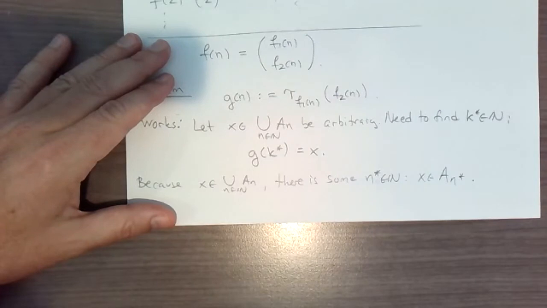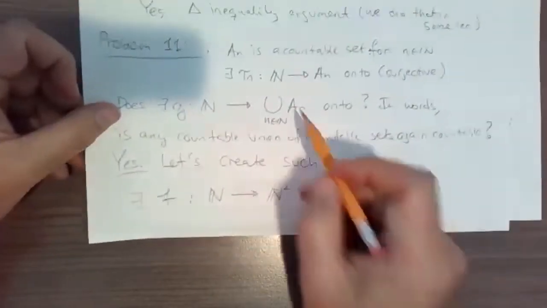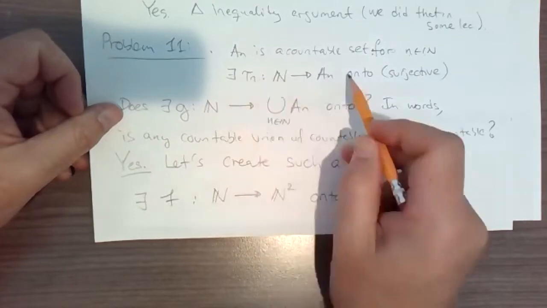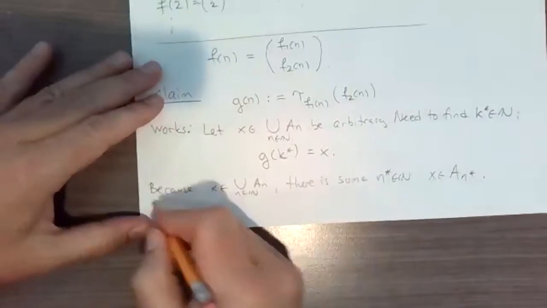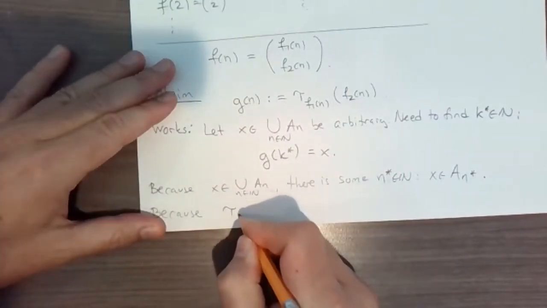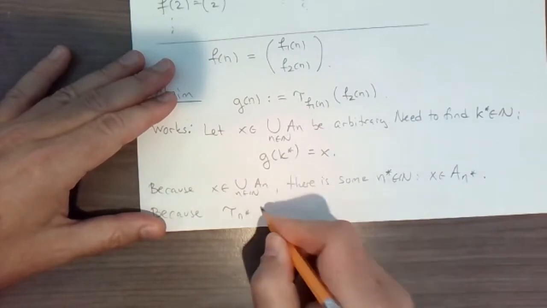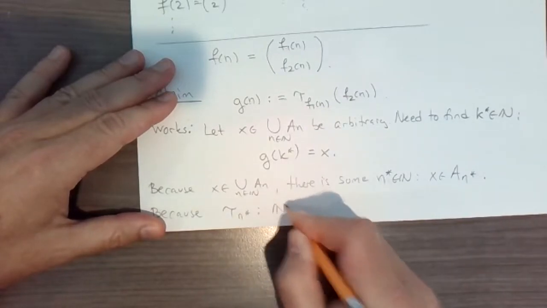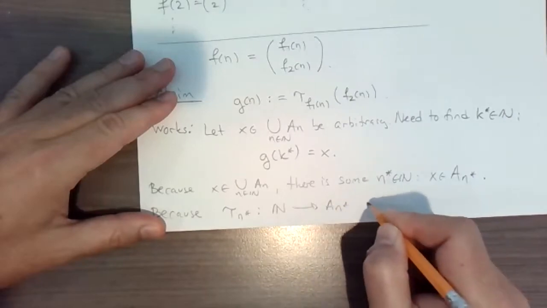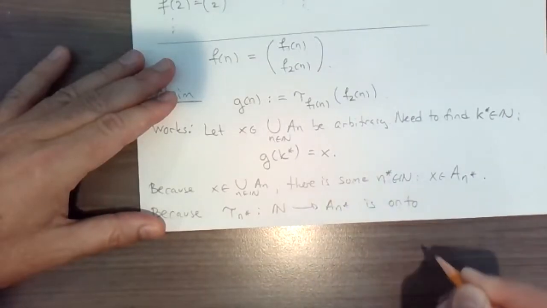Okay, what else do I have? I have my taus. So looking at tau n star, that is onto. It goes from the natural numbers into A_n star in an onto fashion.